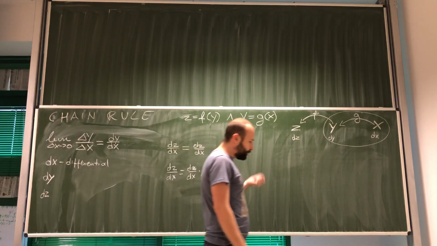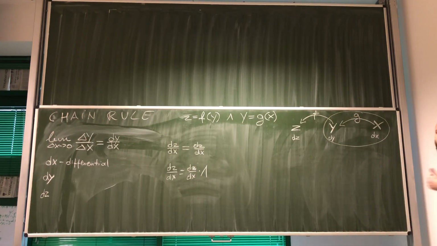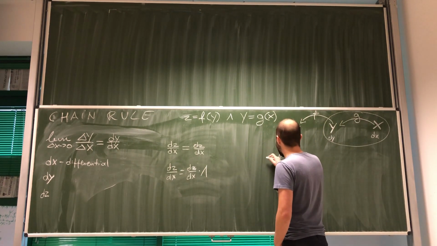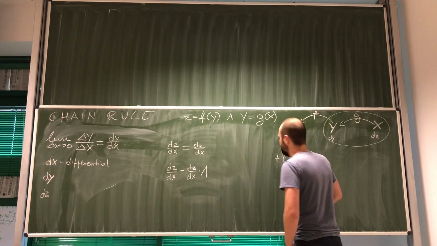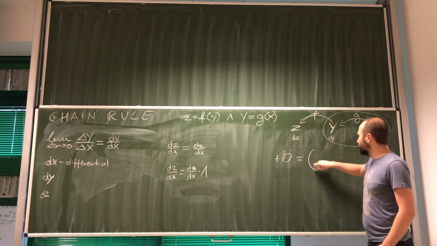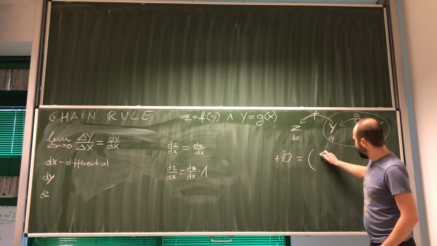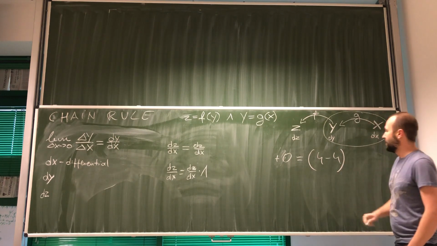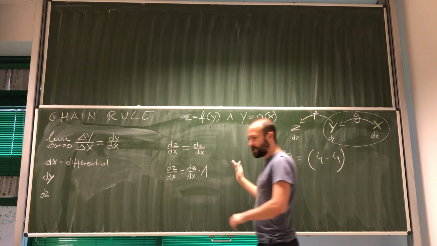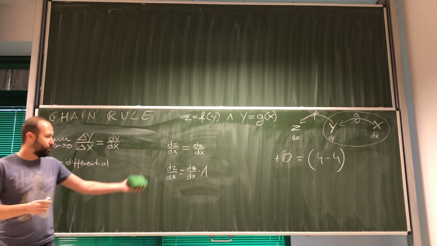Now, I hope you remember that when we were showing proofs for different rules, we were using some tricks. For example, we were adding 0, which is always permitted. And I told you that 0 can be written in different forms, like 4 minus 4. It's also 0, just written a different way. And look, we can do exactly the same trick with 1.